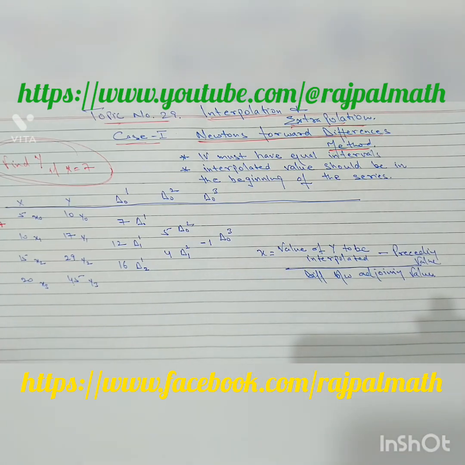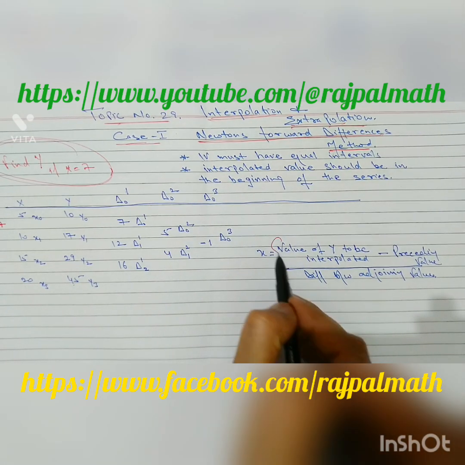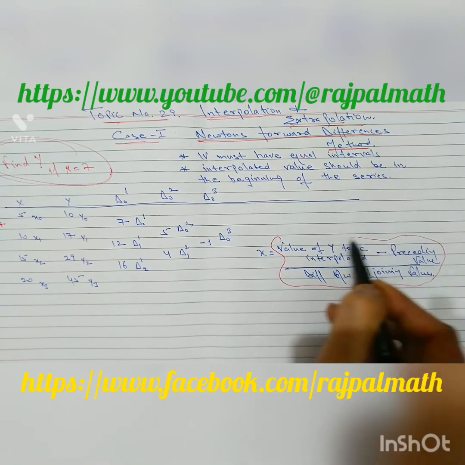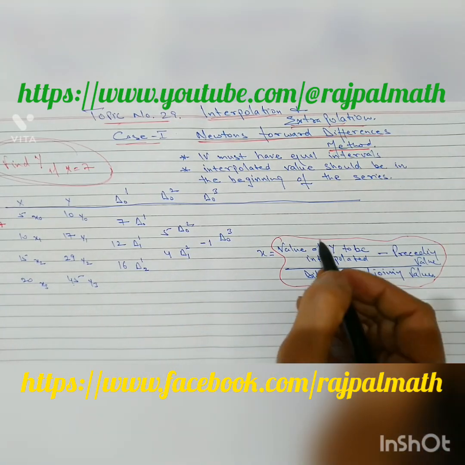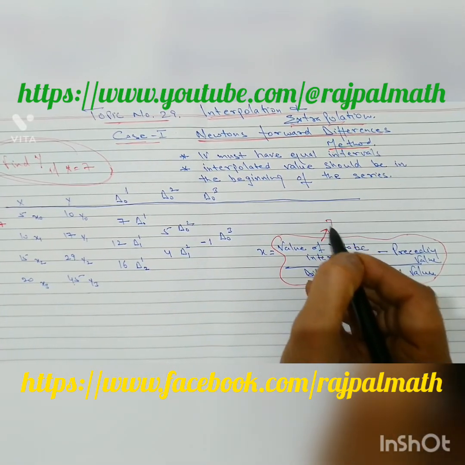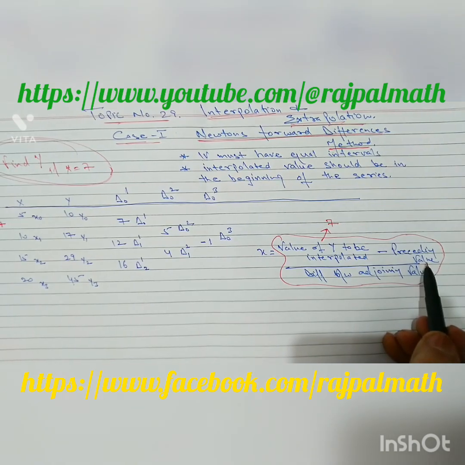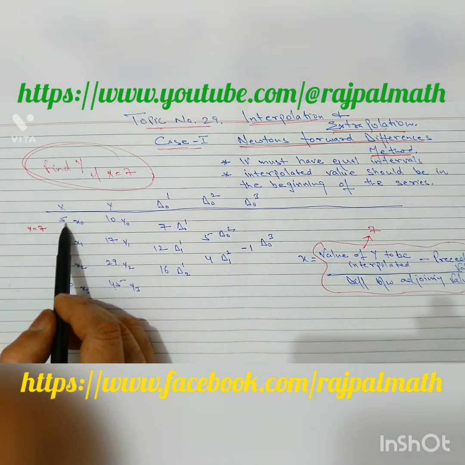The value to be interpolated is 7. Then the preceding value is 5.